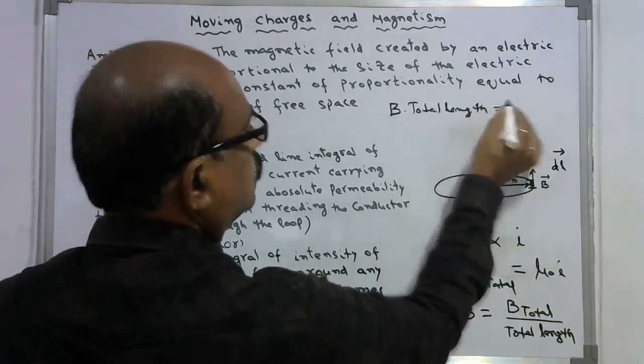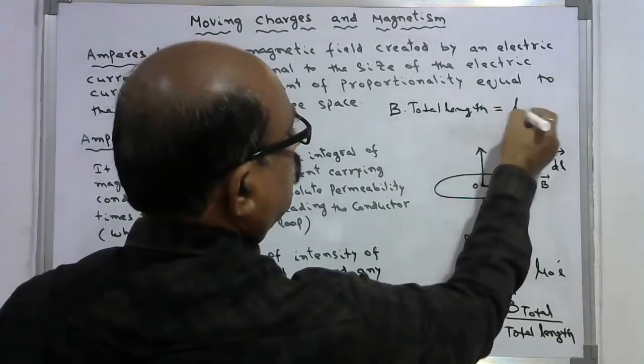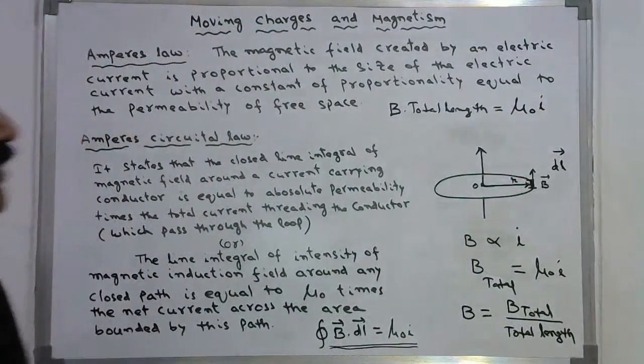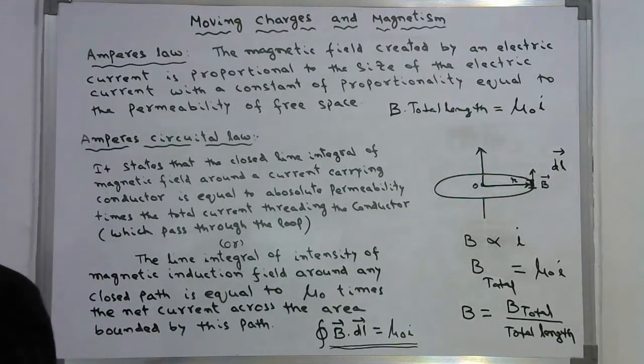is equal to the magnetic permeability mu naught multiplied by the current in the circuit.